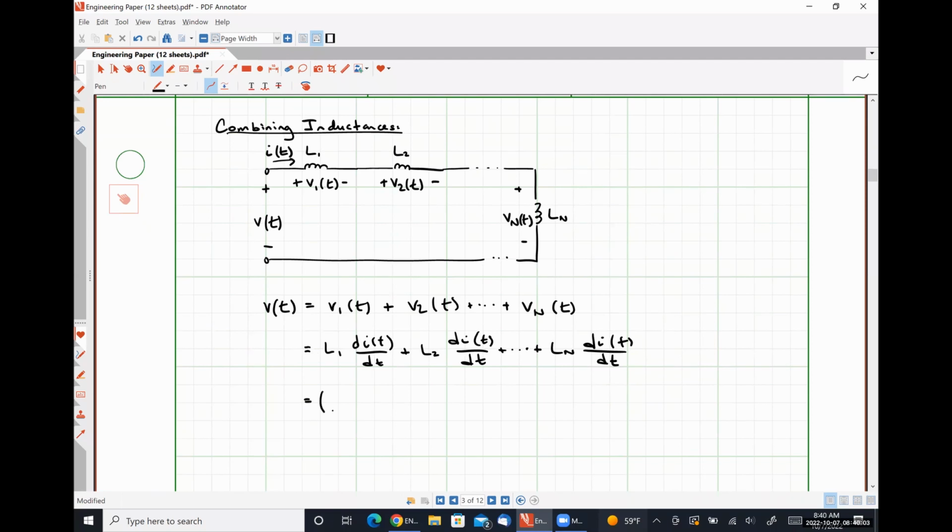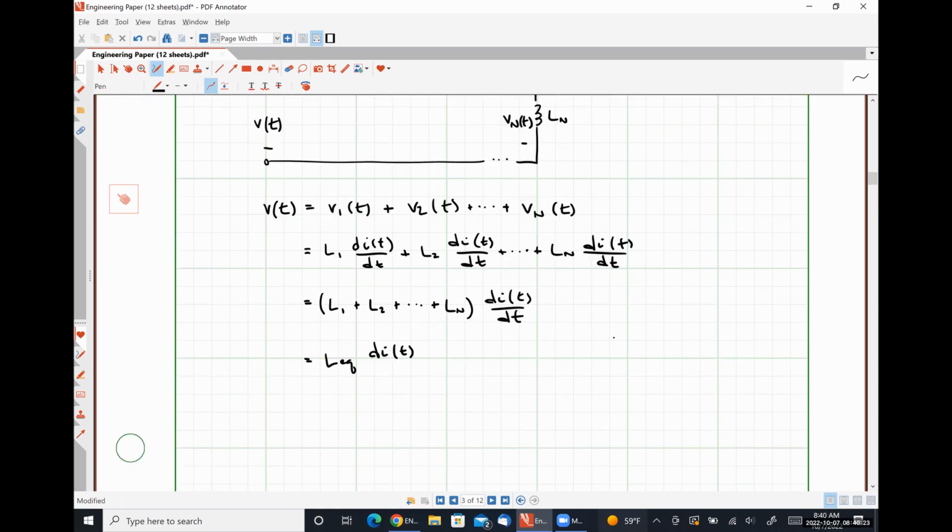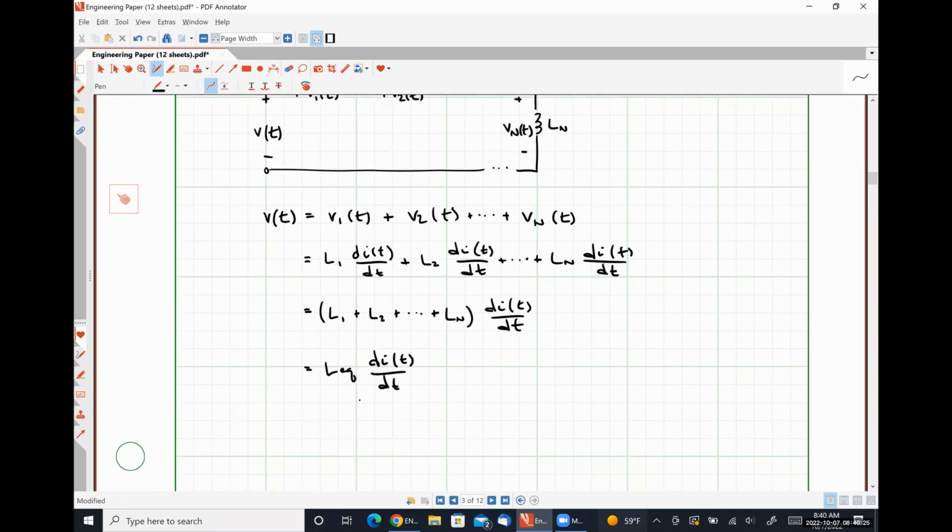We can lump all of those inductor terms together. Call this LEQ di by dt, where equivalent inductance is simply the sum of L1 plus L2 all the way out to L sub n.